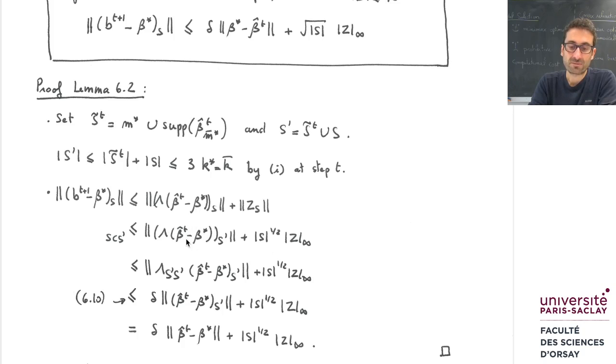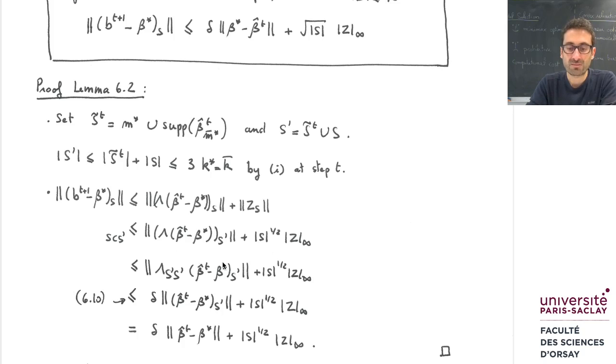We can restrict this vector to S prime, because S prime contains S tilde t, which contains the support of this vector. So we can restrict this vector to S prime, and at the same time restrict the matrix lambda by only keeping the columns of lambda which are in S prime, right?